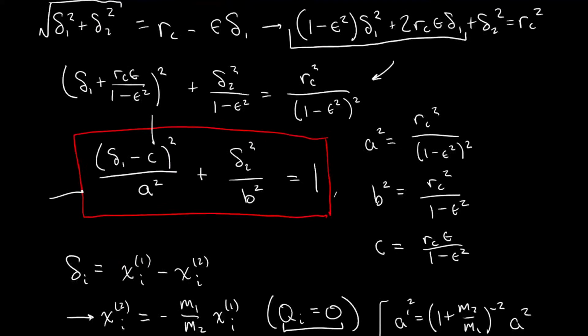But looking back at this equation, what that will do is give me a relative minus sign between the two. And this, with the relative minus sign, is the equation of a hyperbola, which, of course, is not a closed object. This doesn't loop back on itself.